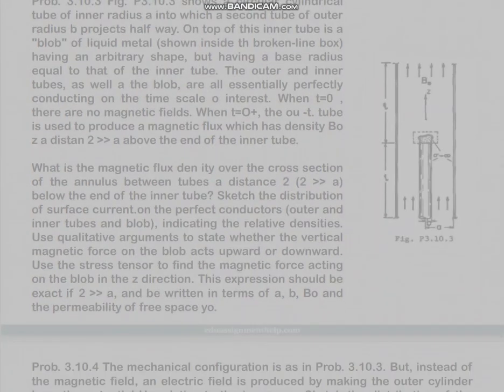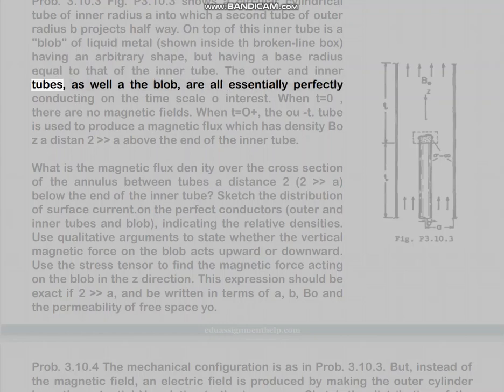Prob. 3.10.3: Fig. P3.10.3 shows a circular cylindrical tube of inner radius a into which a second tube of outer radius b projects halfway. On top of this inner tube is a blob of liquid metal, shown inside the broken line box, having an arbitrary shape, but having a base radius equal to that of the inner tube.